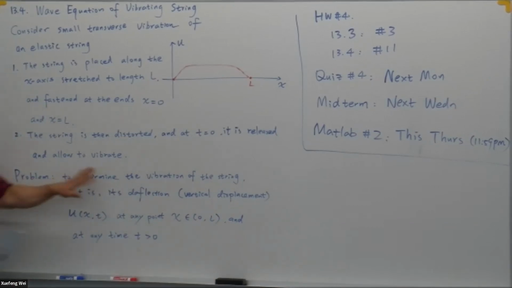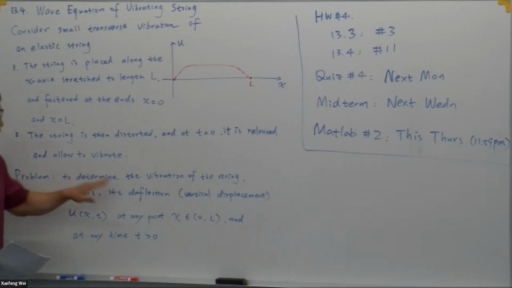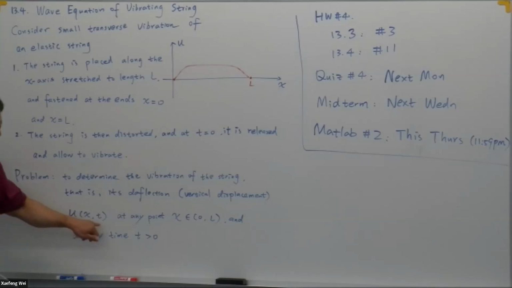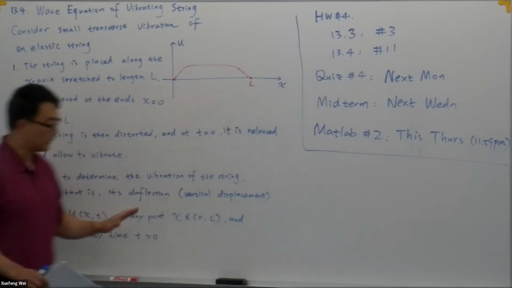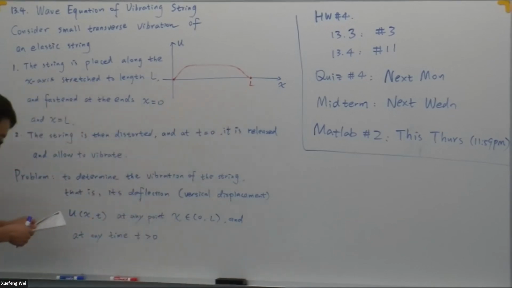So to determine the vibration of the string, that is the deflection or vertical displacement, u as a function of x, which is position, and t. x is between 0 and L, t is bigger than 0. So this is the physical description of the problem.